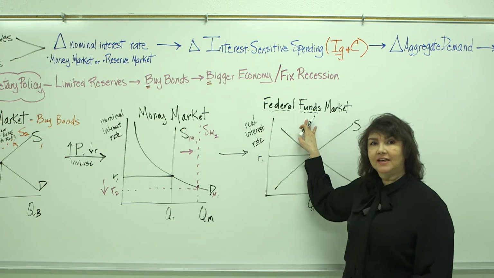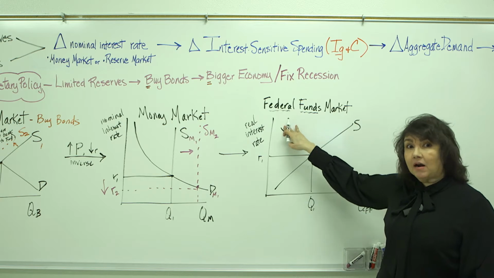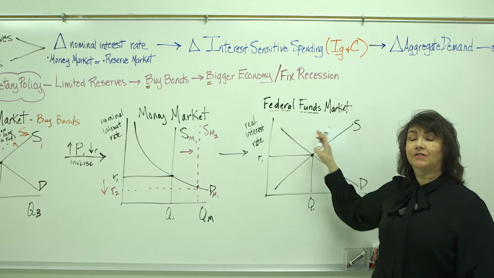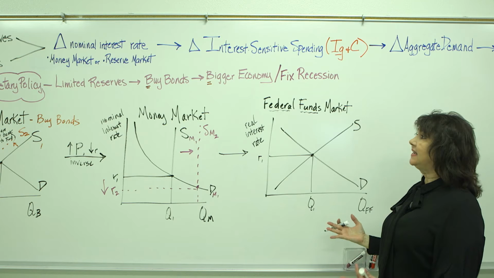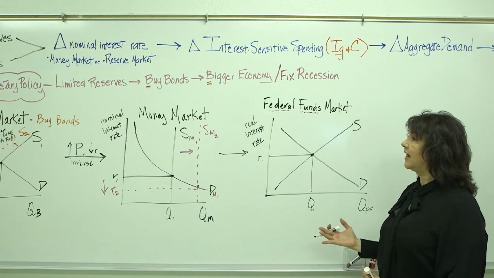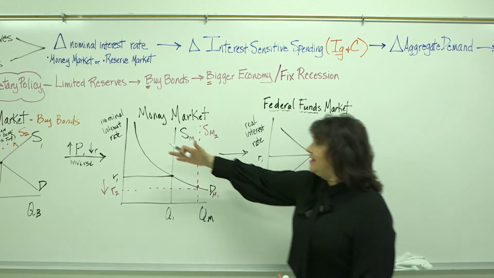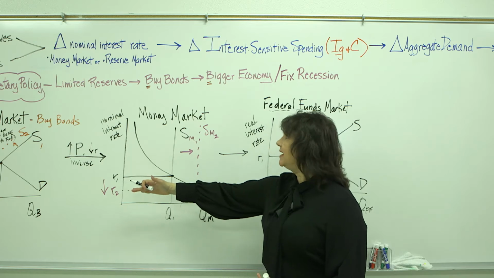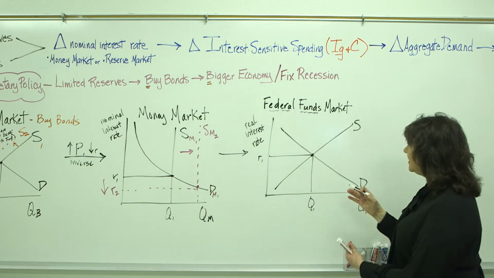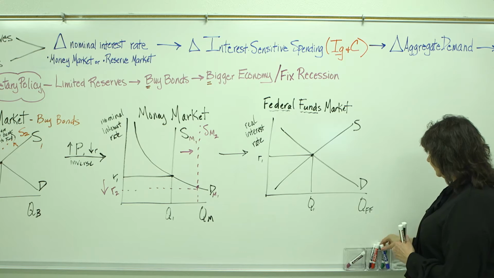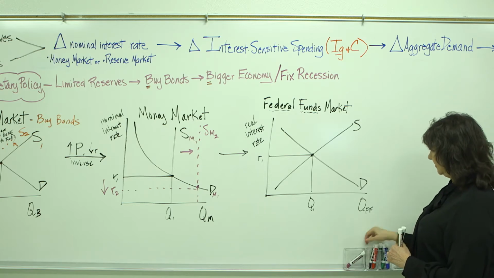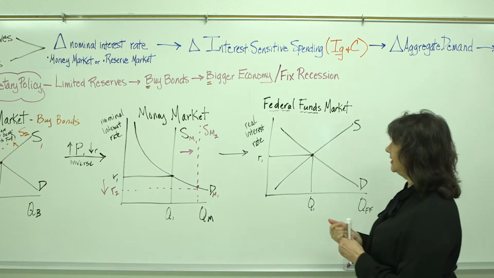So if banks need to borrow from each other in the federal funds market, what's going to happen to the interest rate? Nominal interest rate went down in the money market, so then how is that going to affect the federal funds market? This one's kind of tricky, so I want to pick a good color for this.